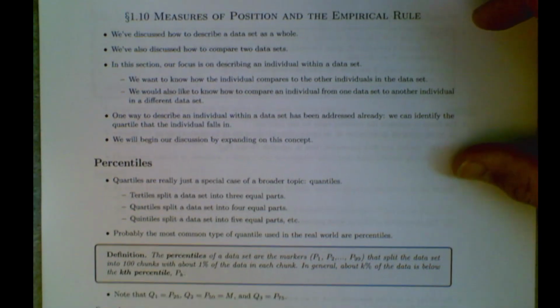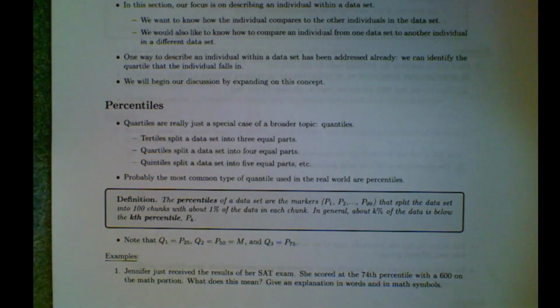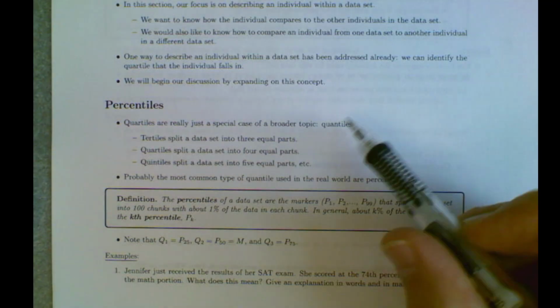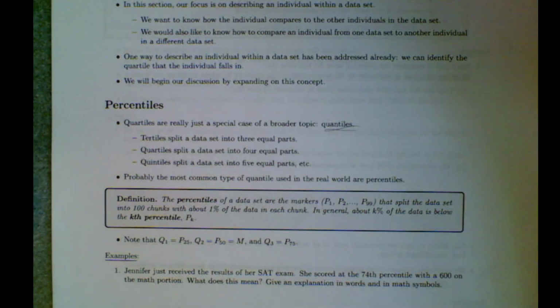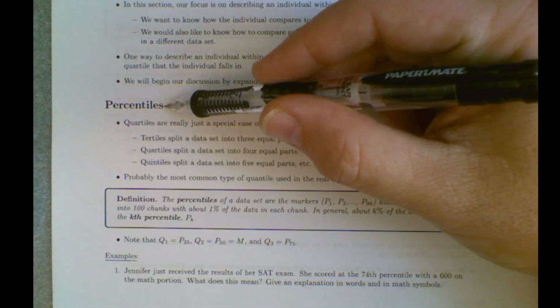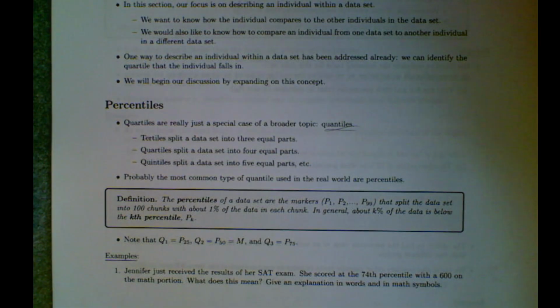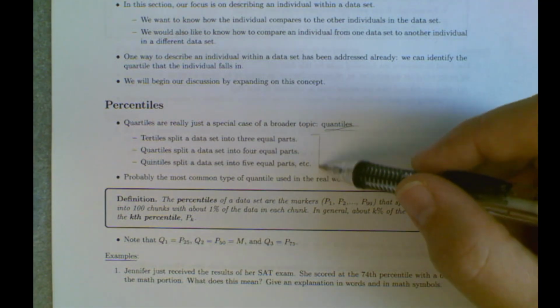One way to describe the position of an individual within a data set is to use what we call quantiles. And we've actually already seen a certain type of quantile. We've seen quartiles in the past, but the main tool that we use when we're trying to compare individuals is not the quartile, but rather the percentile, which is something you've heard of before. There are different kinds of quantiles.